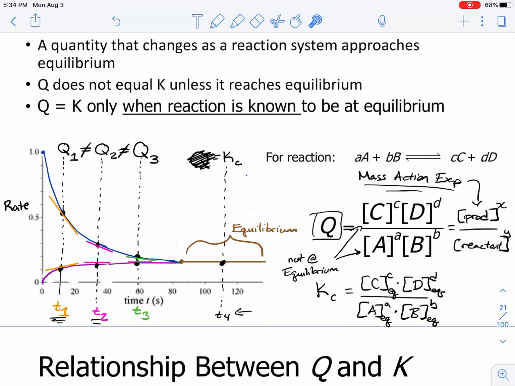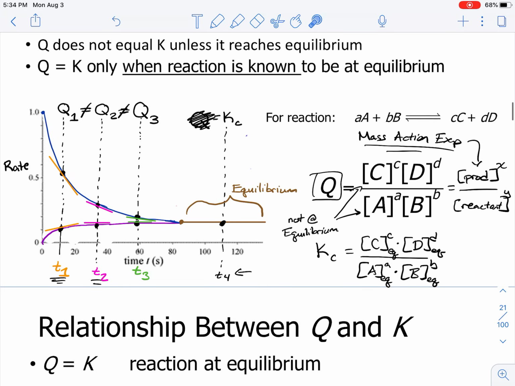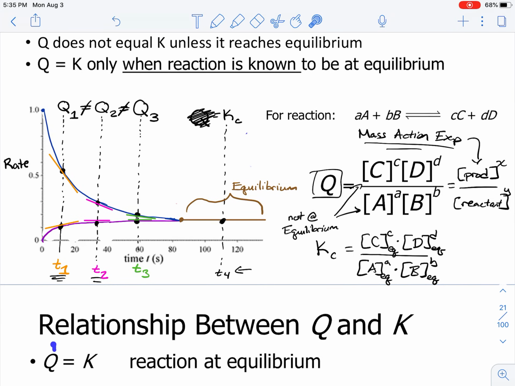And so the only thing that we know so far, based on the previous slide, is that when the reaction quotient Q is equal to the equilibrium constant K or Kc, that's telling us that the reaction is at equilibrium. Okay, so that's the only piece of information that we know when we compare Q and K. But that's not the only condition.